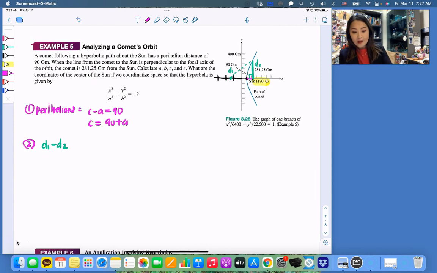Well, in a hyperbola, that fact is also true. So D1 minus D2, the difference of them, is 2A. We kind of discussed that in class already, okay? So just a little side note here. And this is our center, all right? So we have everything kind of set up.